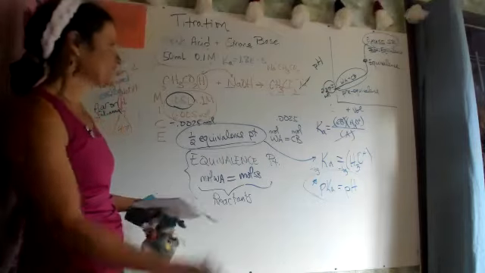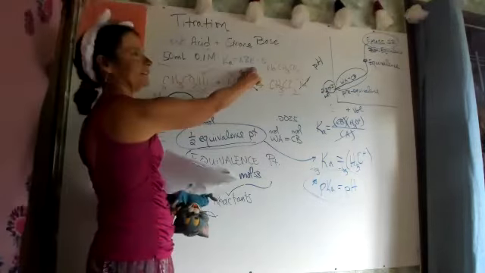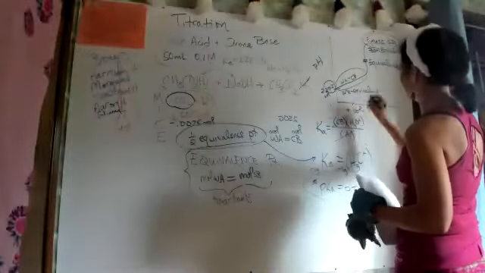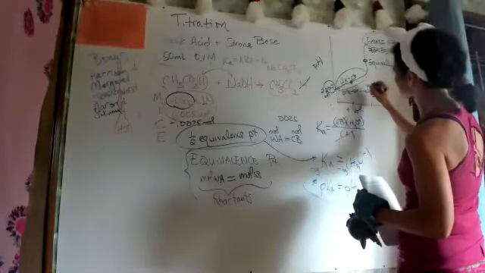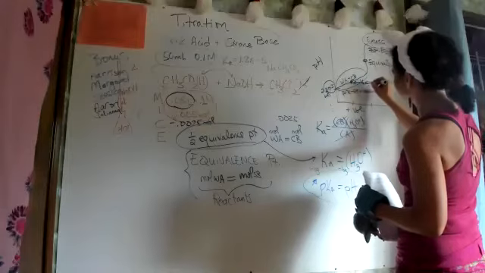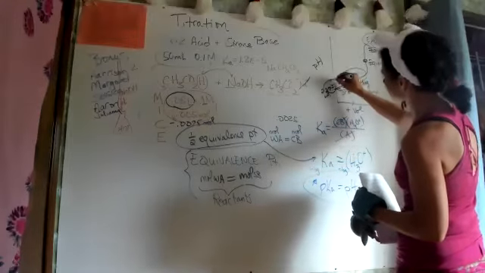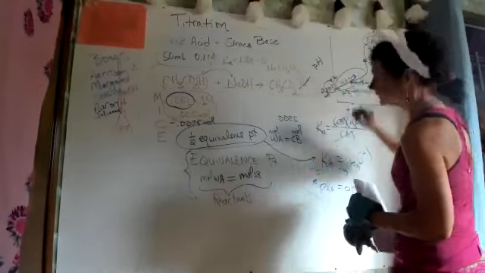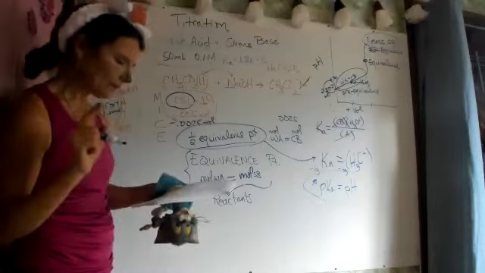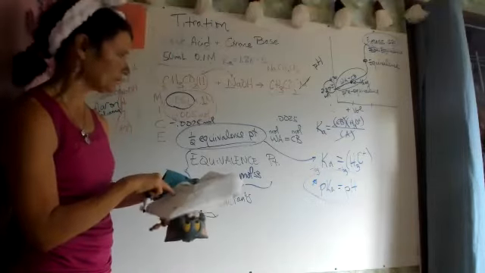So you can just do the negative log of our Ka, and you'll get 4.74. So we are here. This is our half equivalence. So our pH is increasing slowly. You're going to also label the volume, and we're going to know the volume when we do the equivalence point.